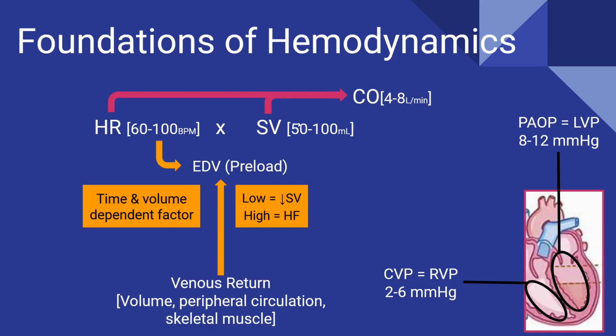Very rarely is this number high and you don't have heart failure. That means the heart isn't pumping effectively, so we have a ton of blood about to be pumped out, but it can't. So if it's low, you're not getting enough volume back, and if it's high, your heart's not able to pump it out.